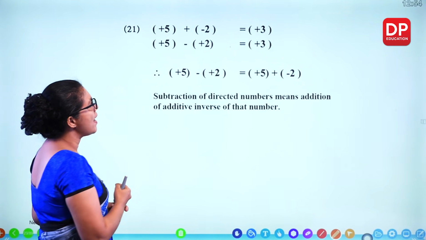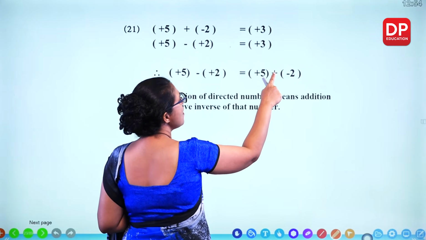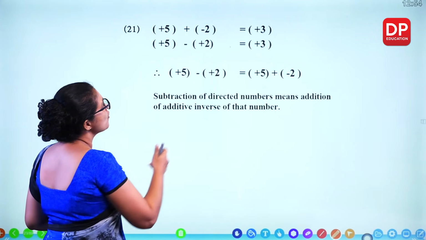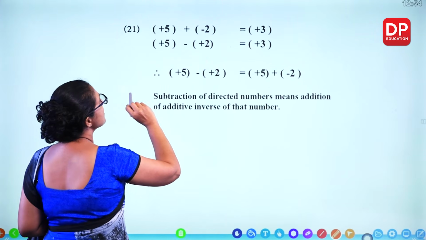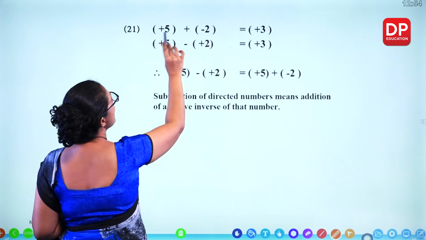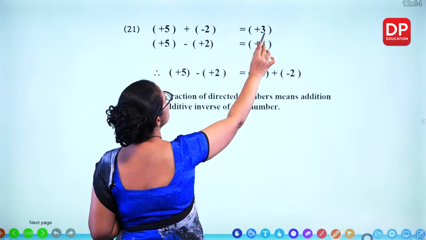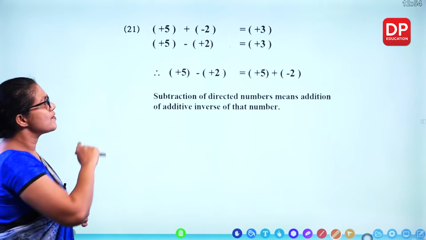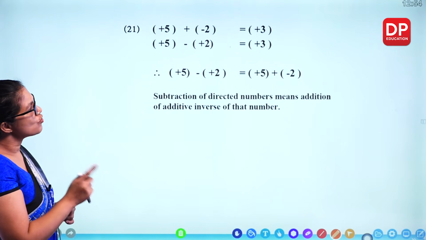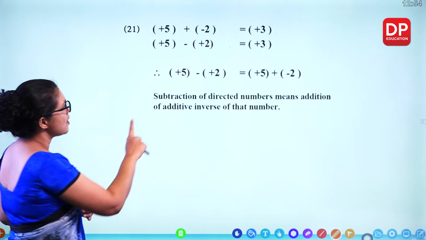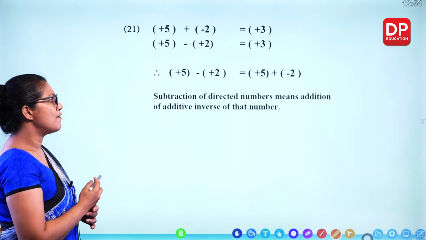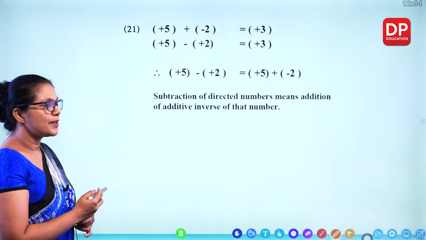So this is same as plus 5 plus of minus 2. So both cases you get the same answer. So here also plus 5 and minus 2, 5 minus 2 is plus 3. Then subtraction means moves 2 places to the left, that is also plus 3. So subtraction of directed numbers means addition of additive inverse of that number.